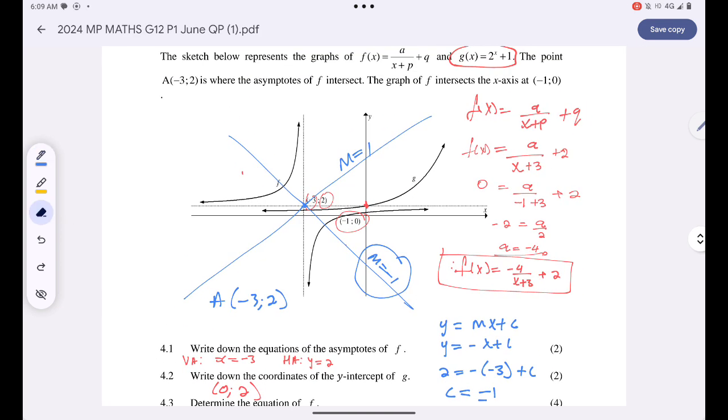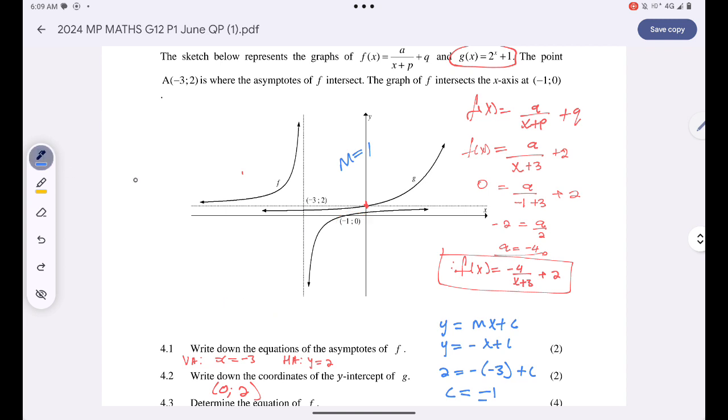So initially, guys, the domain for this original graph, I can see that my graph exists everywhere on x except when x is equal to -3. So the domain of f of x, I can simply say x is an element of real numbers, but x cannot be equal to -3.